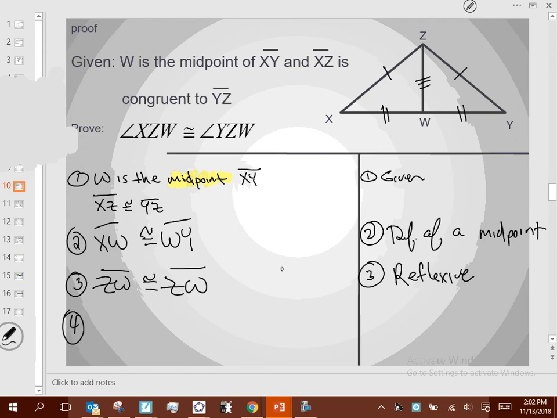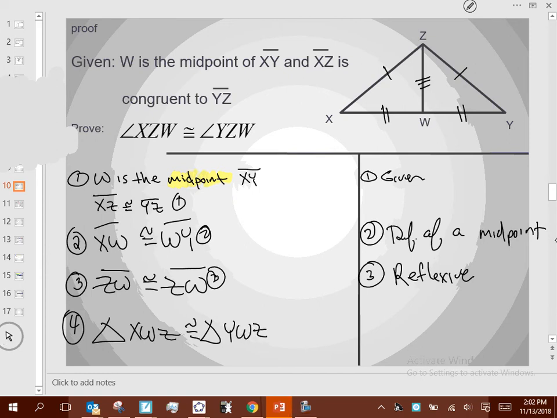So once I have one congruency, two congruencies, three congruencies written in my statement, I can probably target the triangle. What do you want to call the triangle on the left? XWZ, absolutely fine. And now if I name that one XWZ, what has the one on the right got to be called? YWZ. Good.